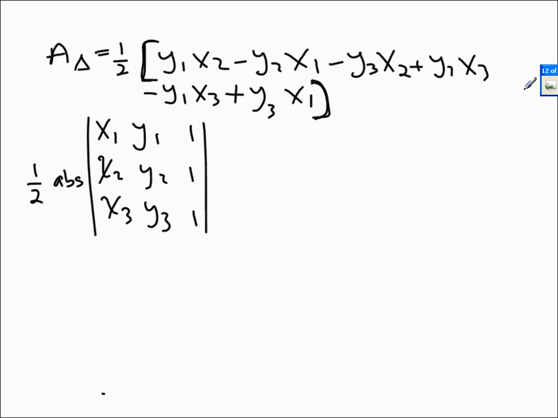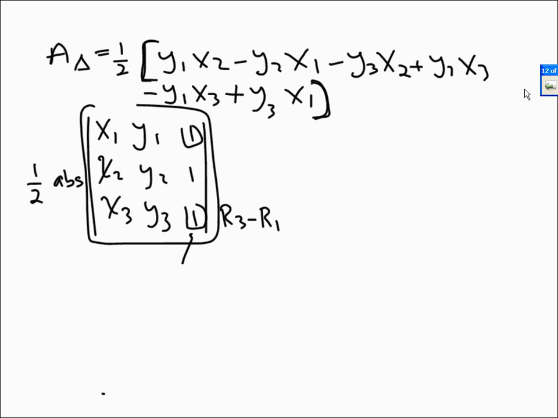Now, let's see if this is really true. Let us first concentrate on this determinant. And I use cofactor expansions here. If I did row 3 minus row 1, 1 minus 1 will put a 0 there. If I did row 2 minus row 1, 1 minus 1 would put a 0 there.